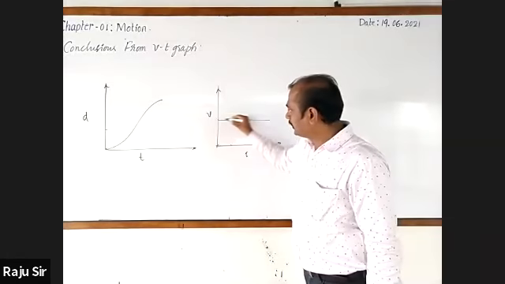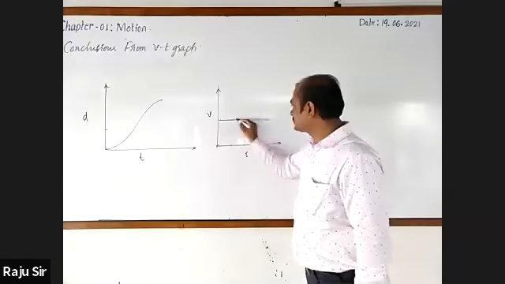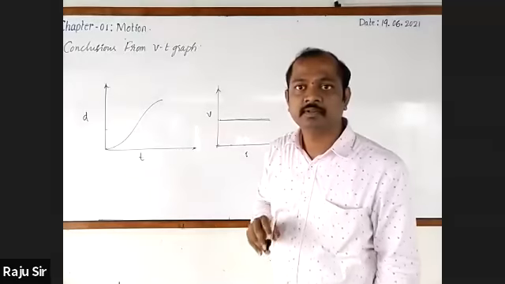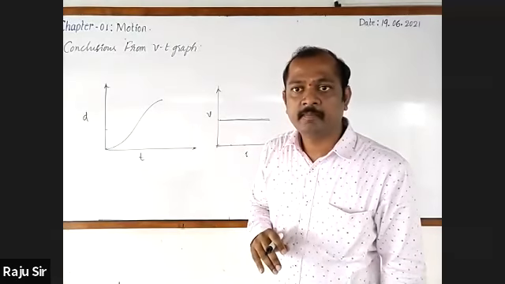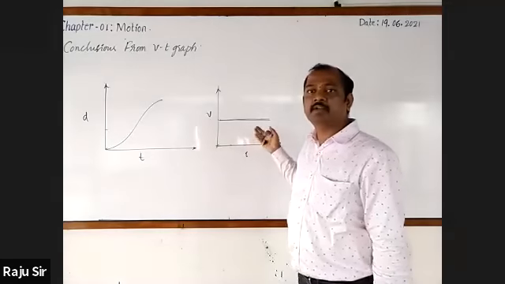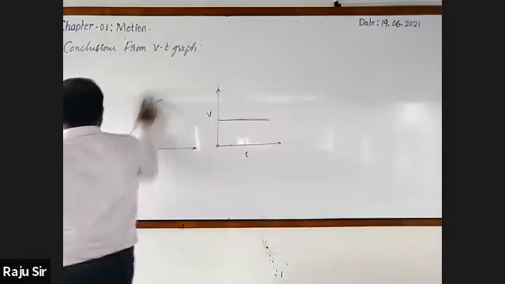The body is maintaining the same speed at all intervals of time. What does this straight line indicate? Ritika: constant speed. It is constant speed or constant velocity.